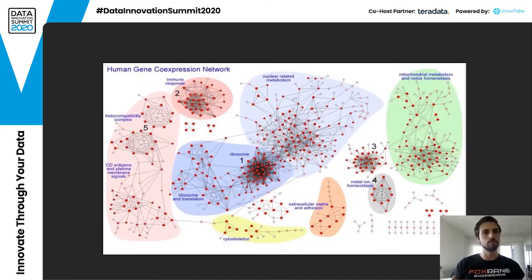Okay, so where are these graphs used nowadays? Well, they are, for example, used in human gene co-expression. So genes or the proteins that make the genes are represented as a graph to identify which feature will be represented in the body, for example, to identify a disease.